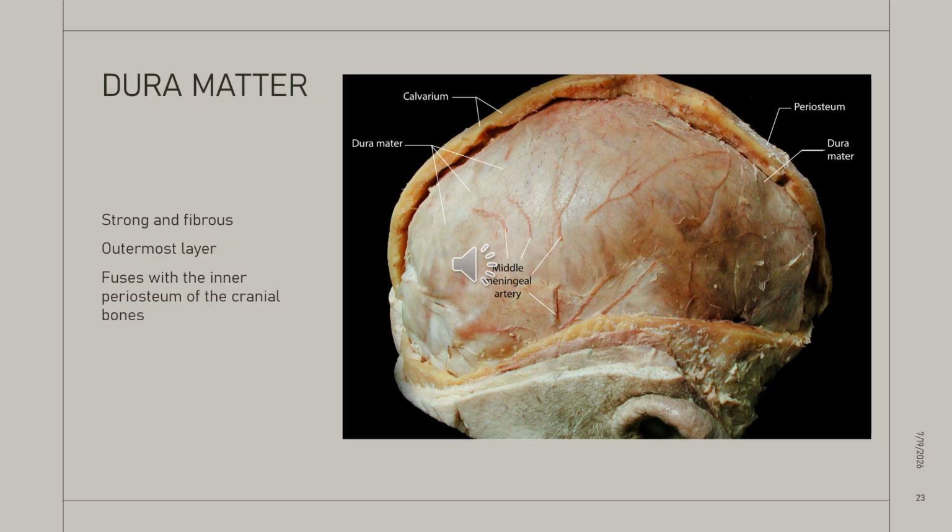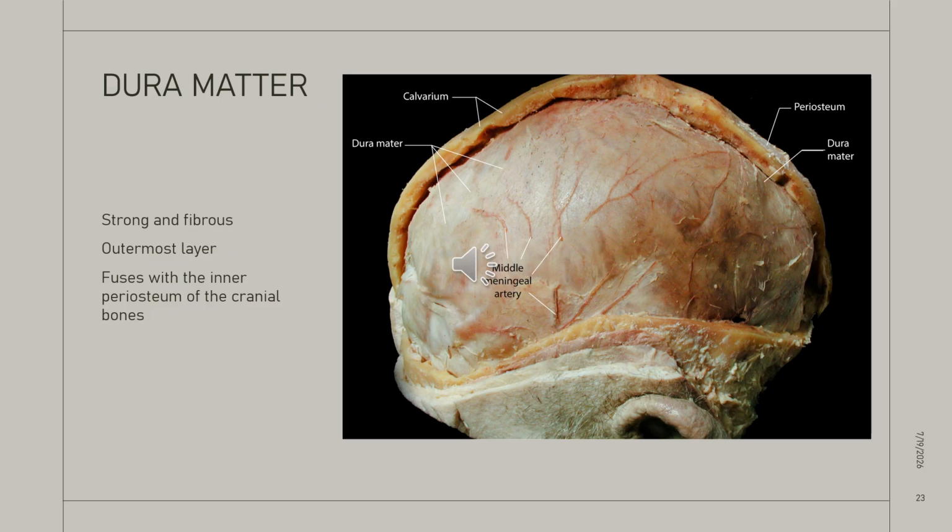Dura mater. The name literally translates from Latin as tough mother, and it completely lives up to that description. As you can see in the anatomical image, it is a thick, leathery, incredibly strong fibrous sheet. Because it is the outermost layer of the meninges, it fuses directly to the inner periosteum of the cranial bones, which are labeled here as calvarium.